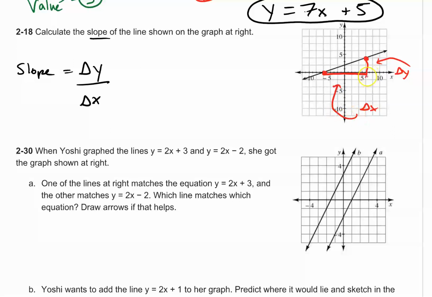So if you're looking, this is actually 6, and then it comes down here to negative 6. Delta x is actually going to be equal to 12. This is a distance of 12. And then delta y right here looks like it goes up to 4. So delta y is equal to 4. So I'll let you do the final calculation, plug those numbers in, and what is the slope?